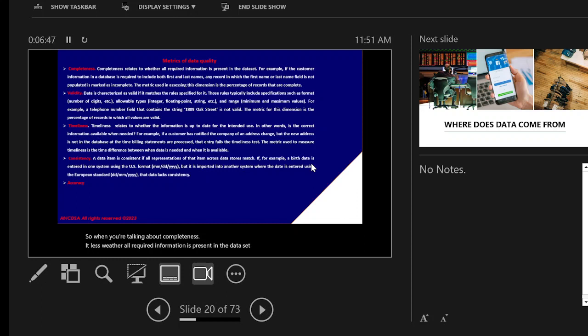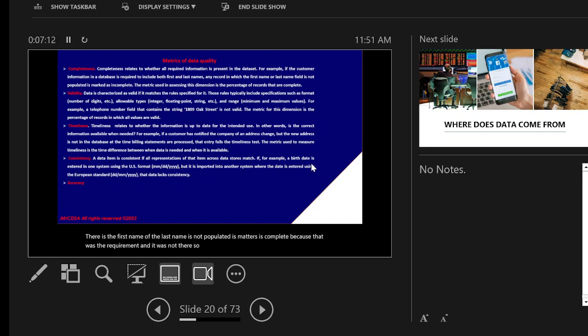All required. For example, if the customer information in a database is required to include both first name and last name, then any record in which the first name or the last name field is not populated is marked as incomplete, because that was the requirement and it was not there.